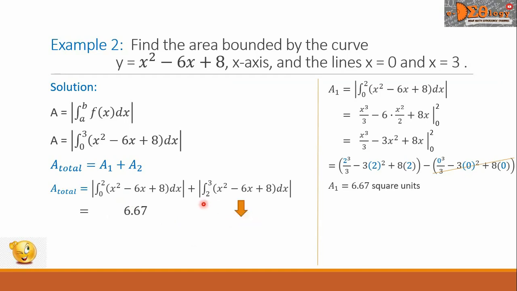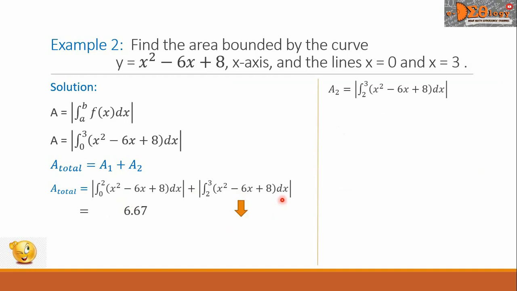Then let us solve for area number 2. Let us copy this expression over here. Now let us integrate. We have now this x cubed over 3 minus 3x squared plus 8x to be evaluated with the limits of integration from 2 to 3.